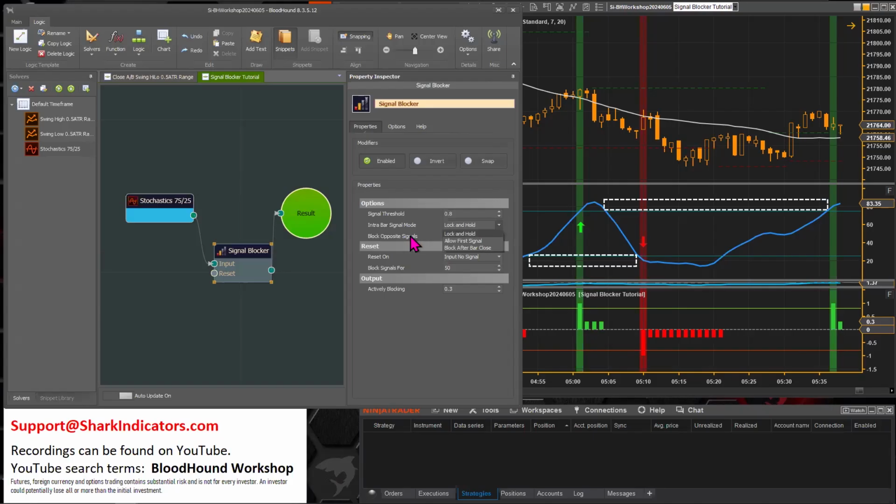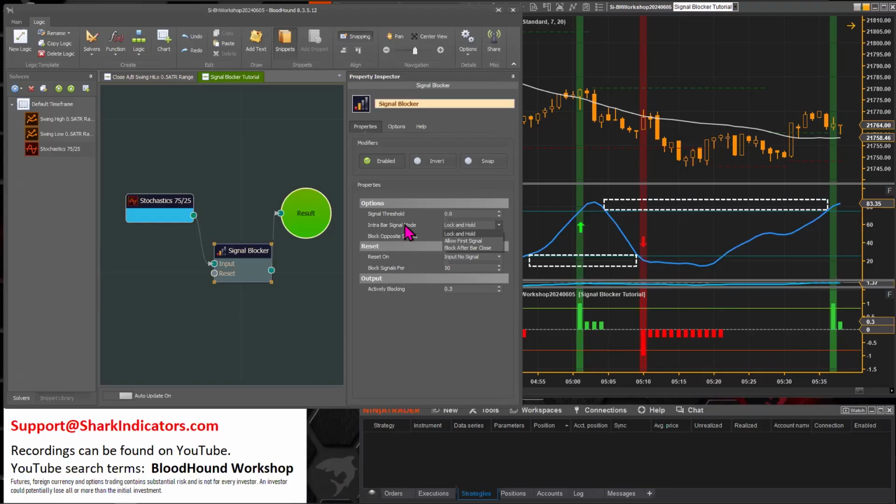And when you start generating signals intra-bar, or using calculate on price change or calculate on each tick, a whole bunch of different variations of how you might need to use the signal blocker become exposed.